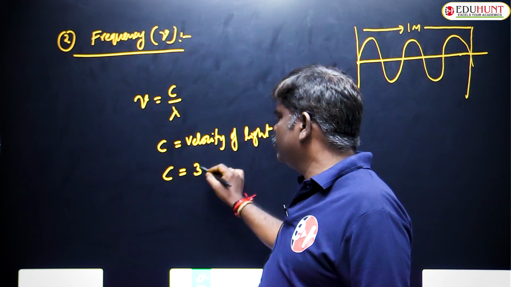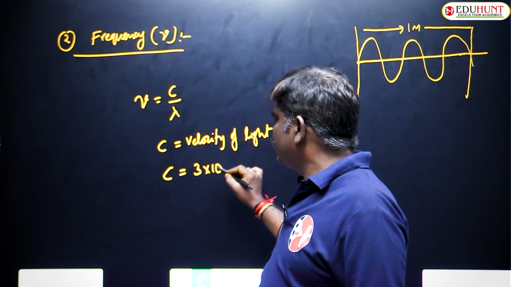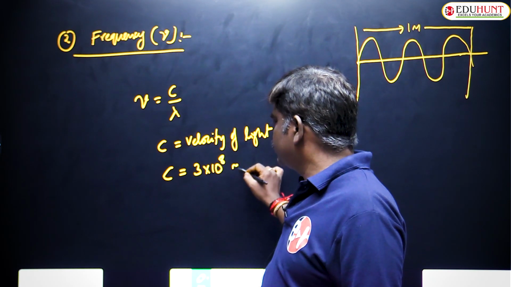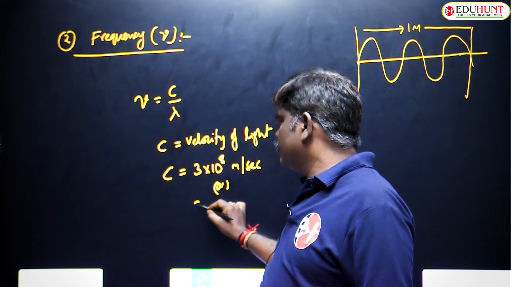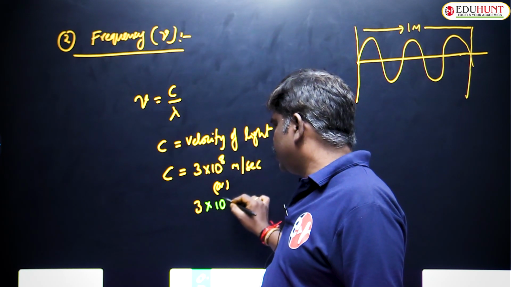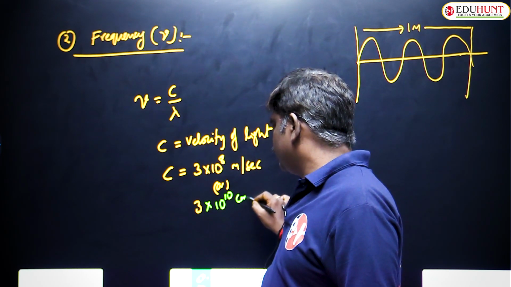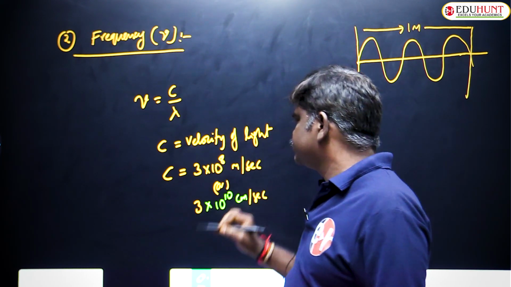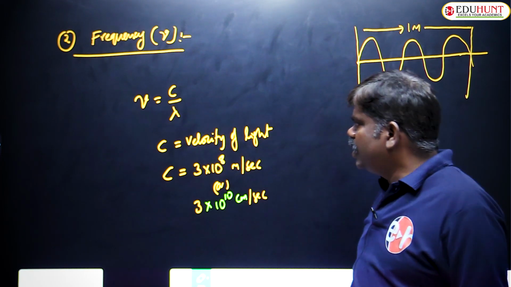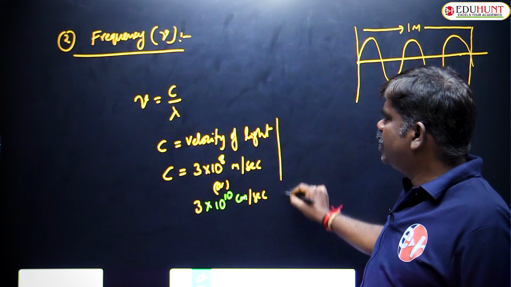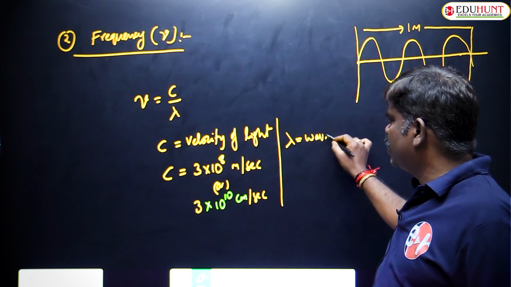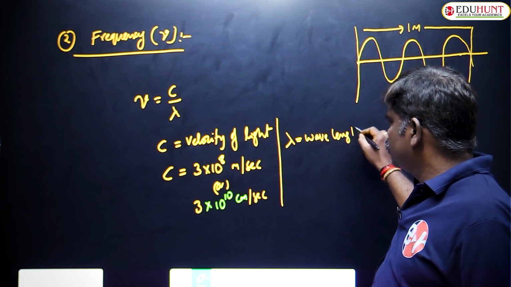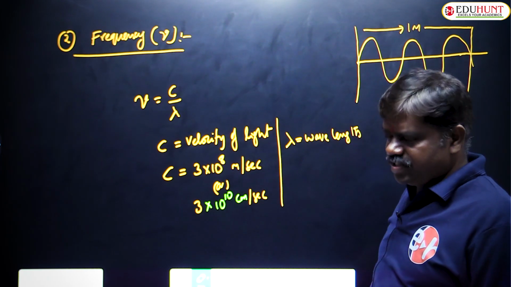It is 3 into 10 power 8 meters per second, or 3 into 10 power 10 centimeters per second. And already we know lambda is known as wavelength. So, what are the units of frequency?